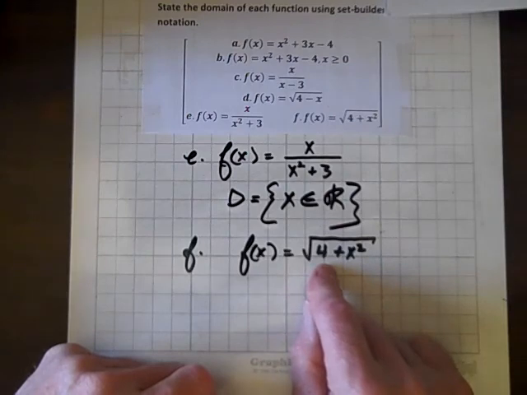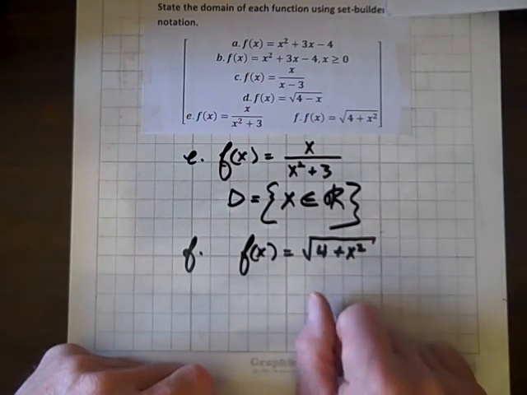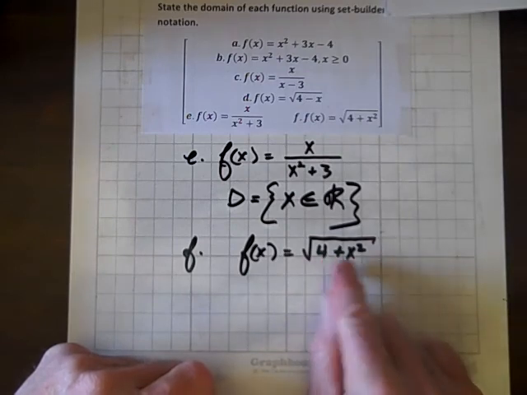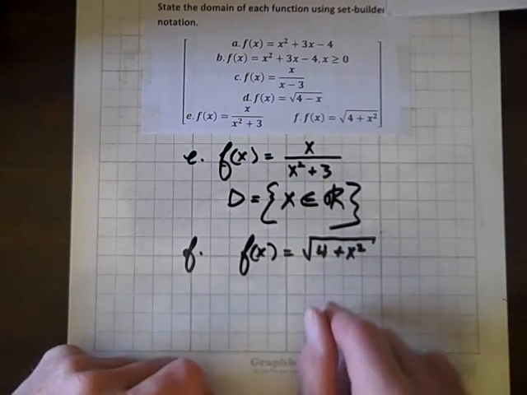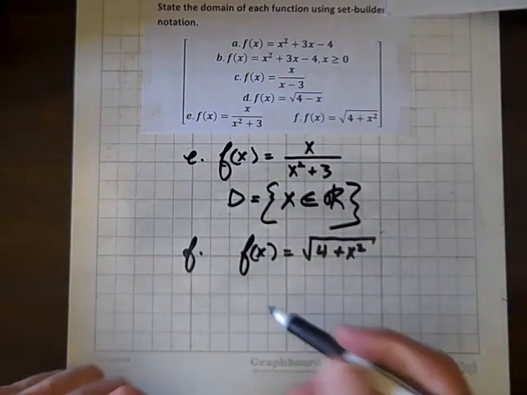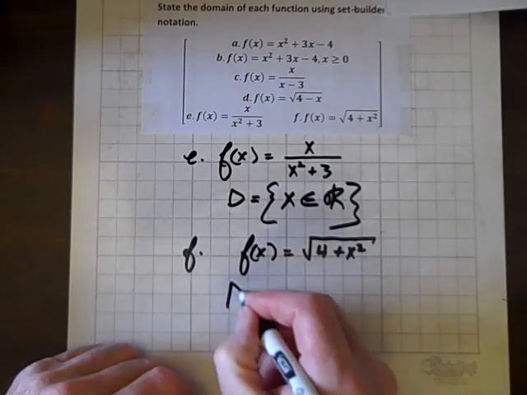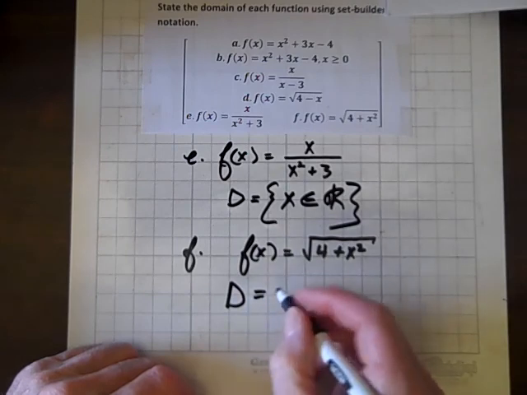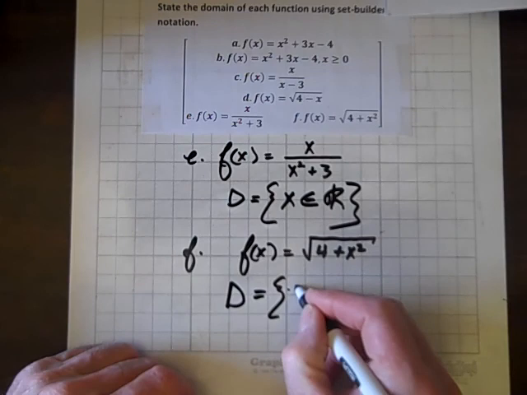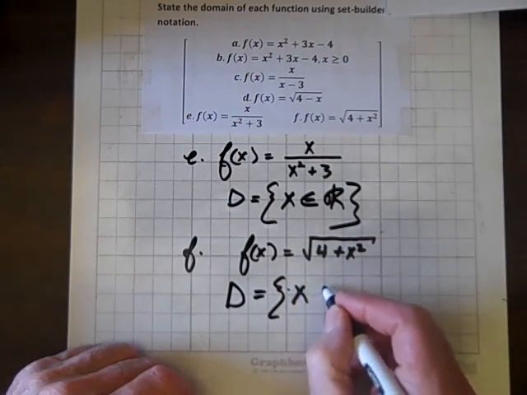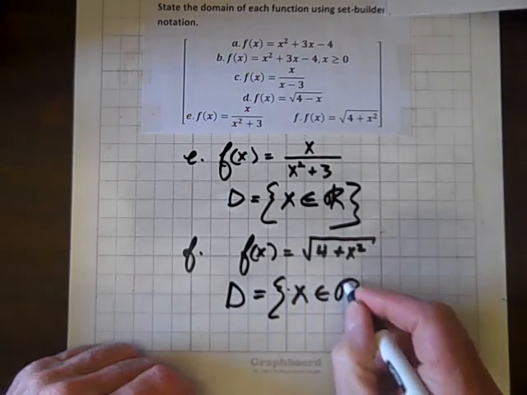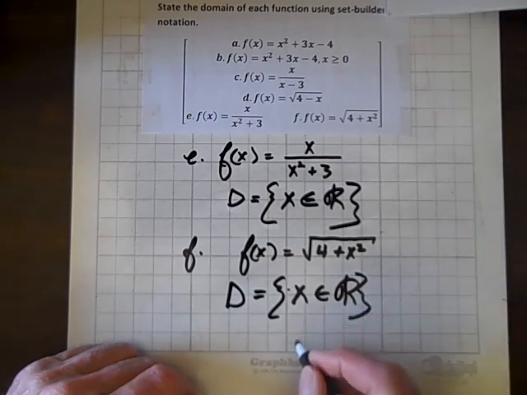So there is no way the expression under the radical can ever be negative. And so again, we have no restrictions. The domain is all real numbers, or in script notation, we'll say the set x, element of the reals. And we're done.